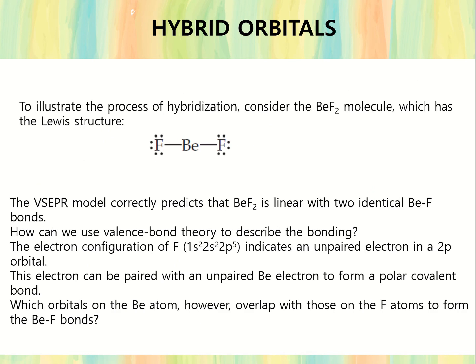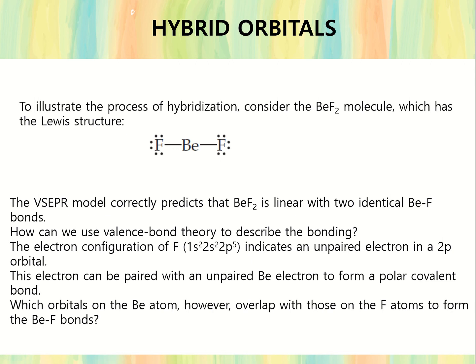To help us understand hybridization, we're going to use the beryllium difluoride molecule as an example. We see the Lewis structure here.